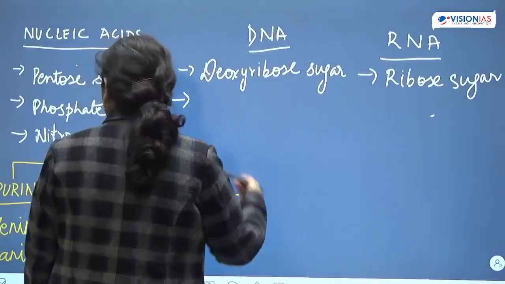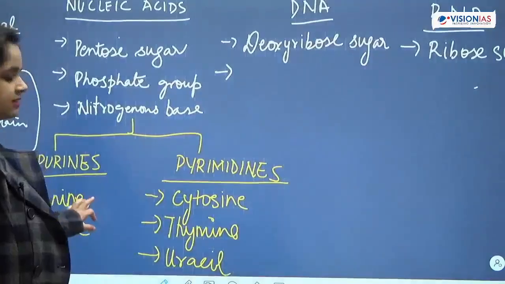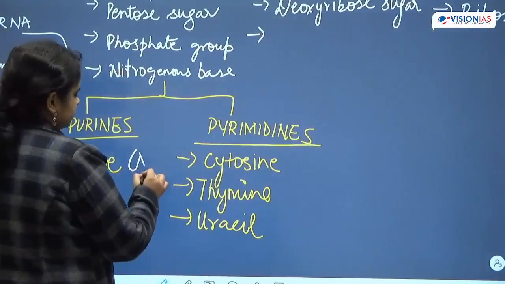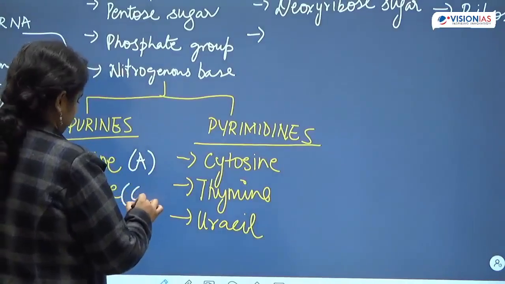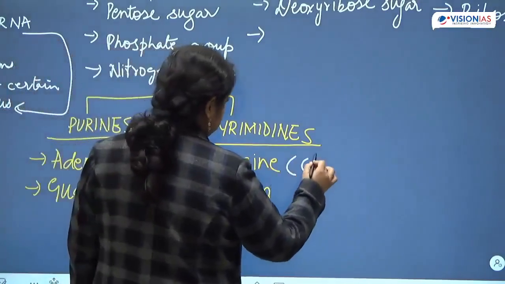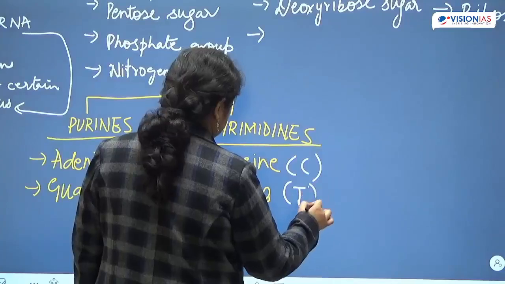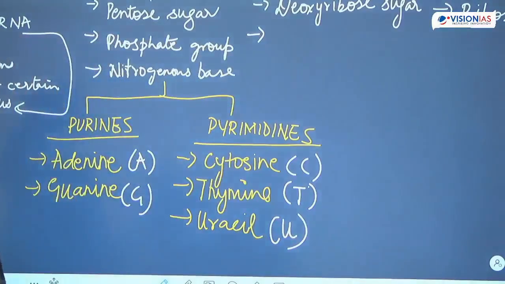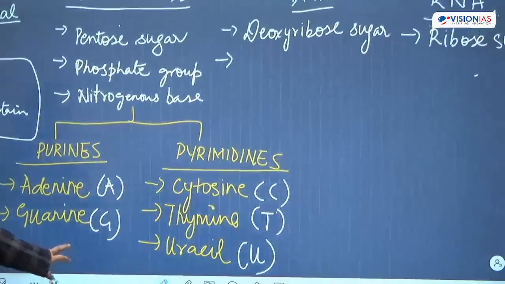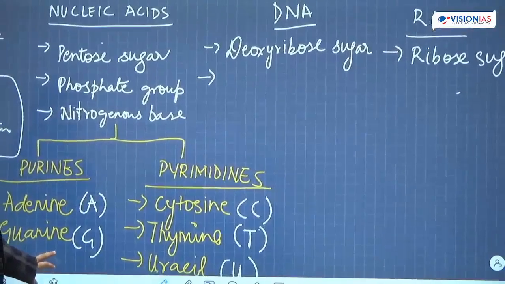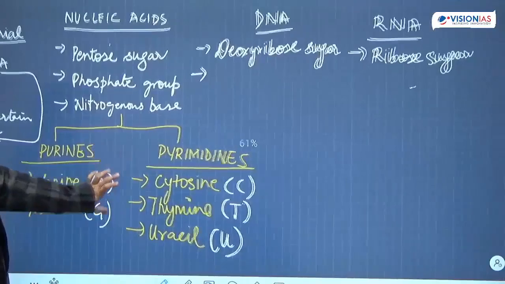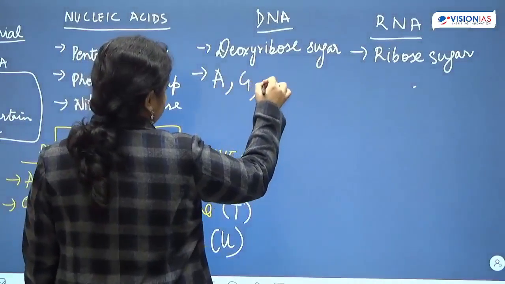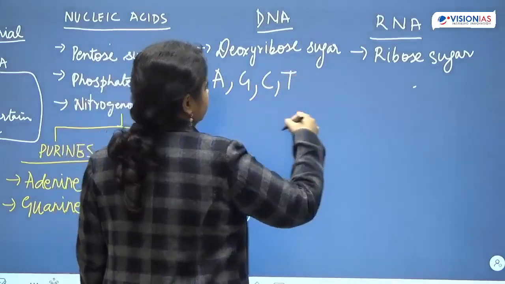From here, we will be considering these nitrogenous bases in abbreviated form only. These are standard references: A, G, C, T, and U. When we talk about DNA, DNA has adenine, guanine, cytosine, and thymine.